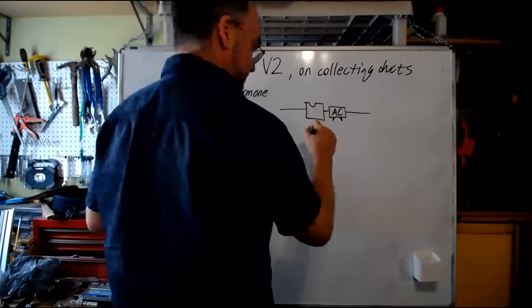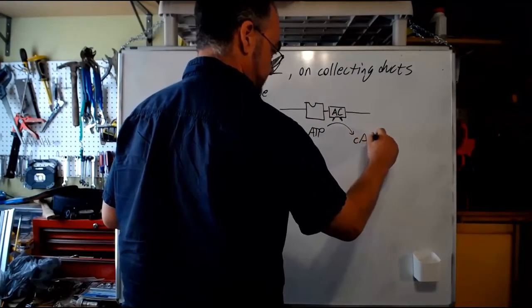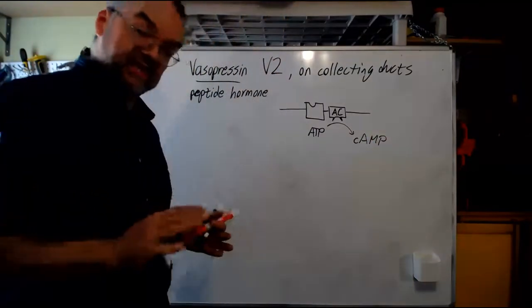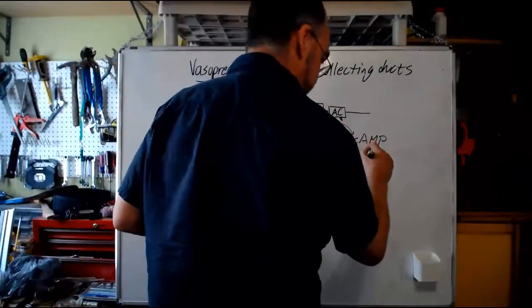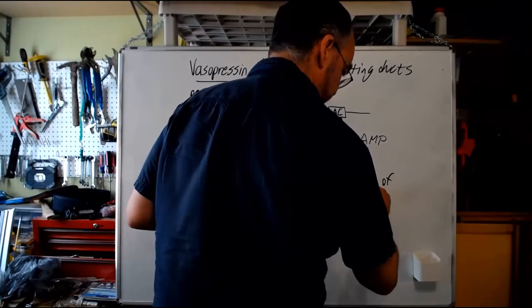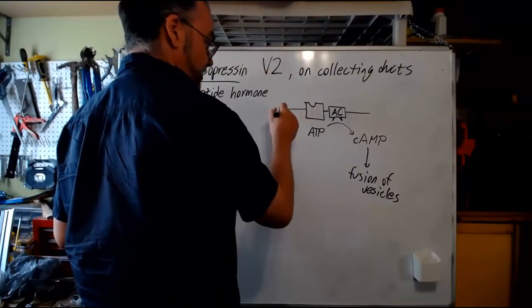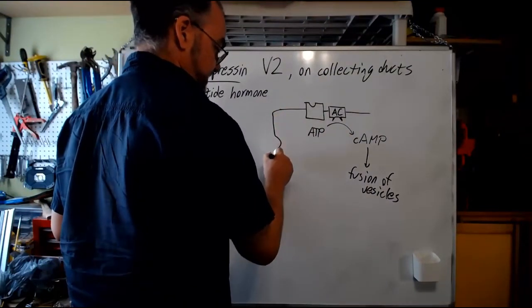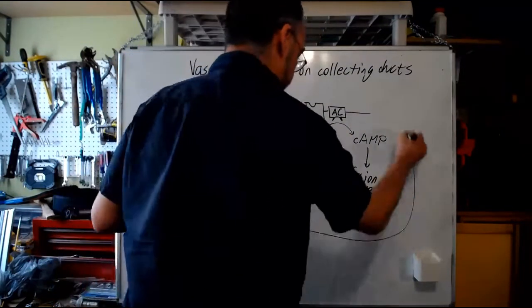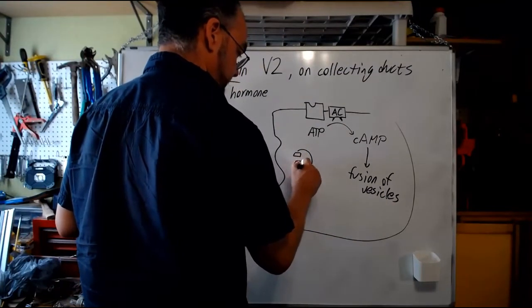And so that takes ATP, turning it into cyclic AMP. In these particular cells, cyclic AMP triggers fusion of vesicles. If you remember how these cells worked, if this is our apical membrane, we had those vesicles with aquaporins on them.